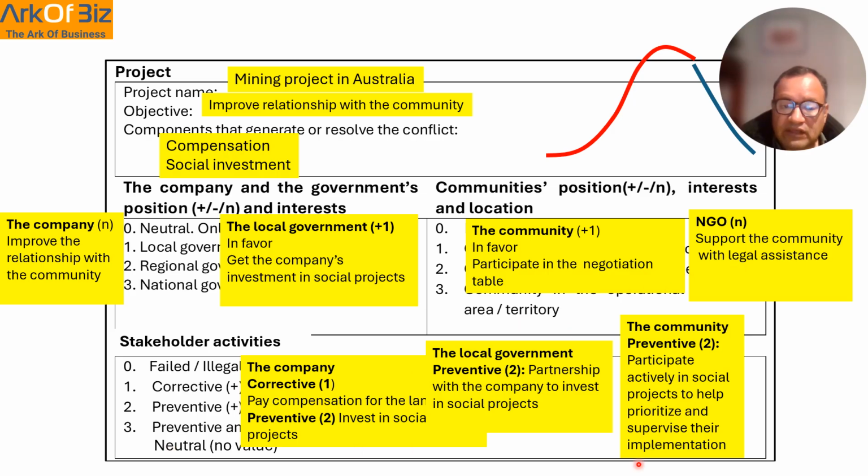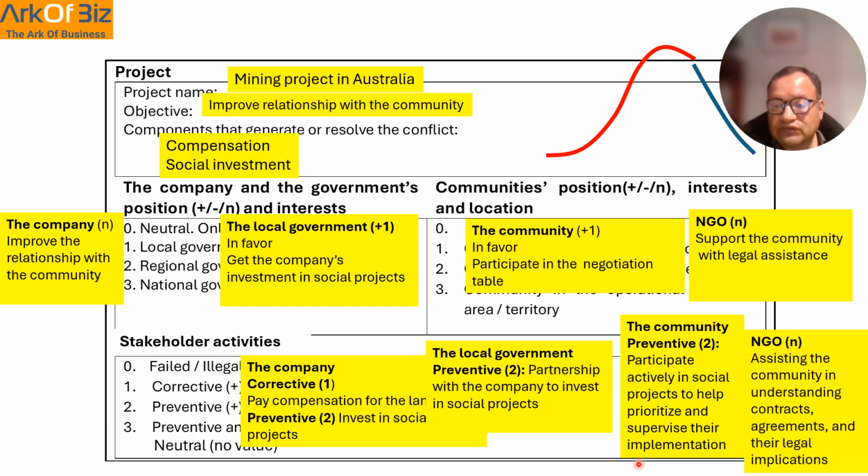And what about NGO activities? The NGO's activities are always neutral. They also support the community with contracts, to monitor contracts, and to train on how to manage contracts. Okay, now let's go to the next slide.